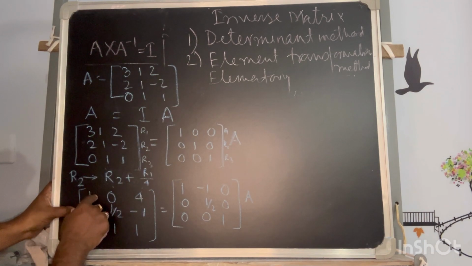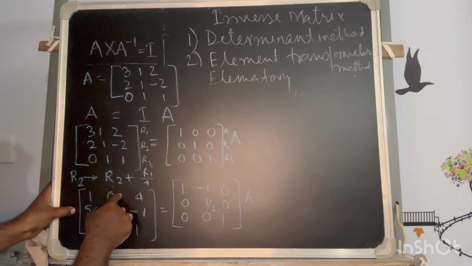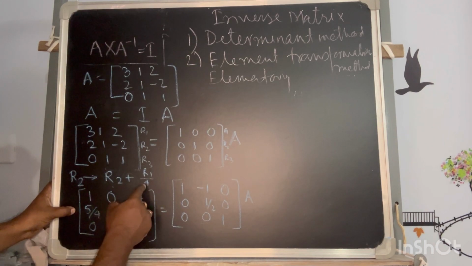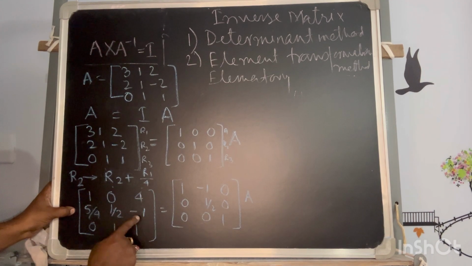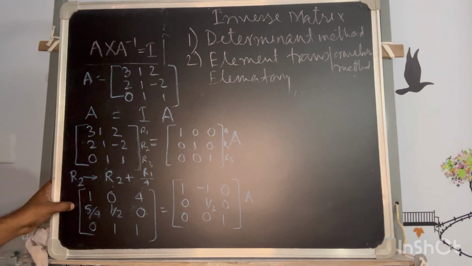So 1 by 4 is added to this, and this will become 5 by 4. If I multiply anything with 0, it won't change, so here R2 will be the same. R1 by 4 will become 1, and I am adding it to this, so 1 minus 1 becomes 0. This is my third operation.